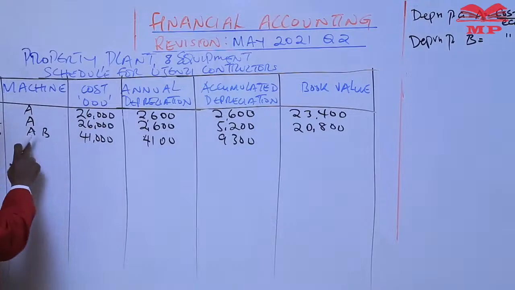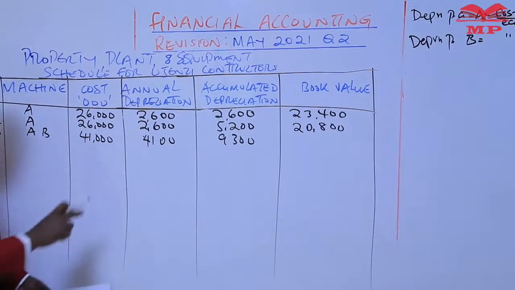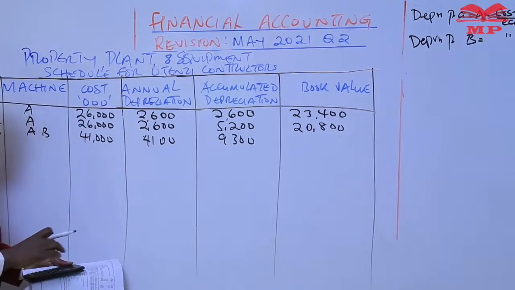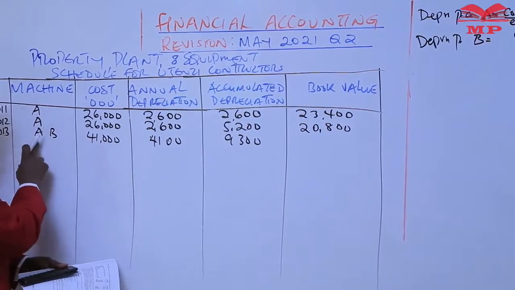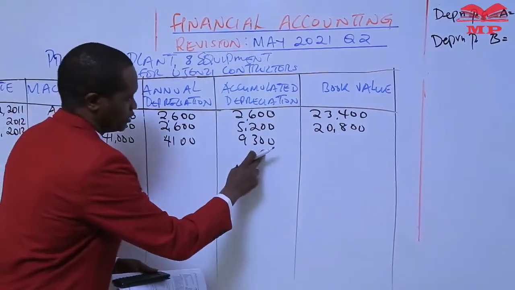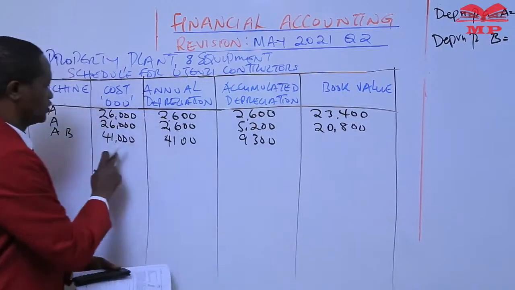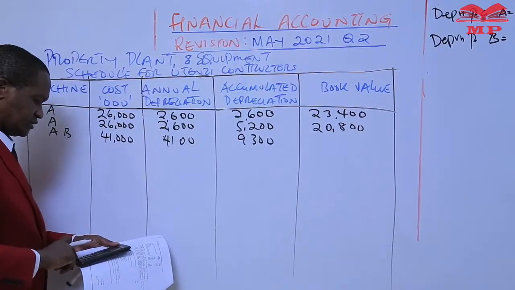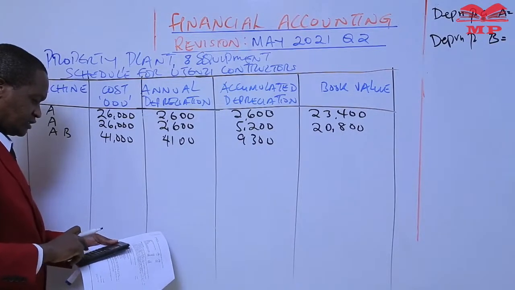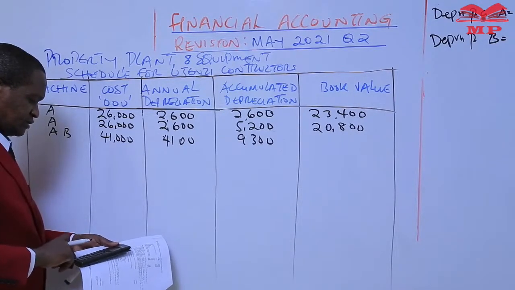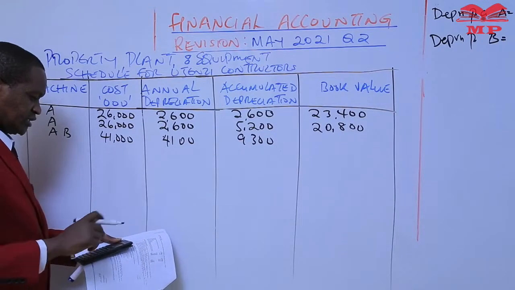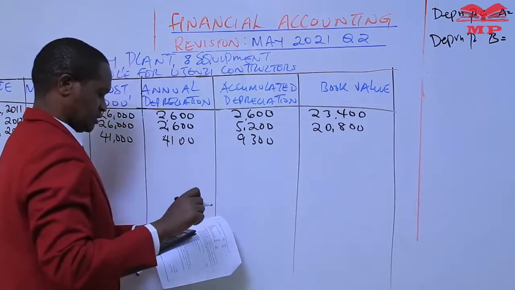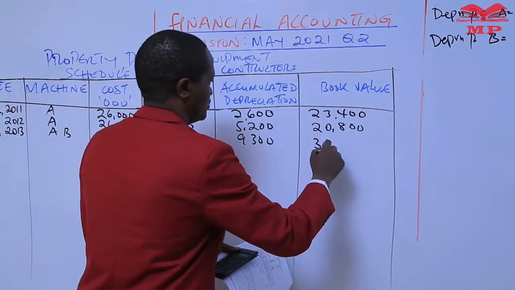The cost for machine A and B is 41 million, and the accumulated depreciation of machine A and B, 9.3 million. So 9.3 million deducted from 41 million will give us 31,700.